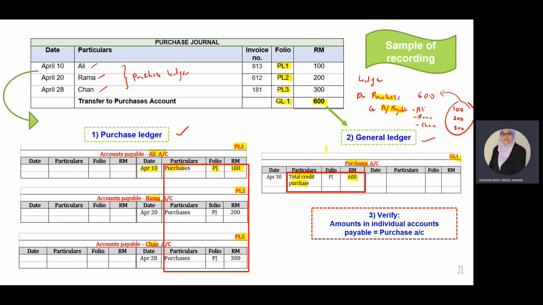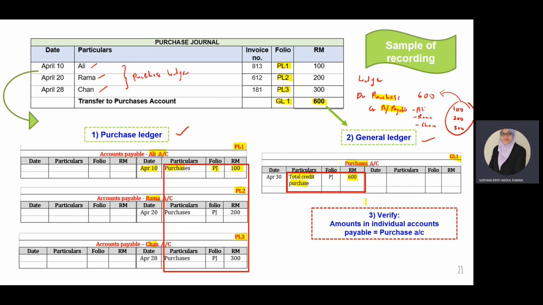So this time, when you are required to prepare for journal, you have to follow this step. Okay, remember, in purchases account, you just have to transfer the total credit purchase collected from the purchases journal.